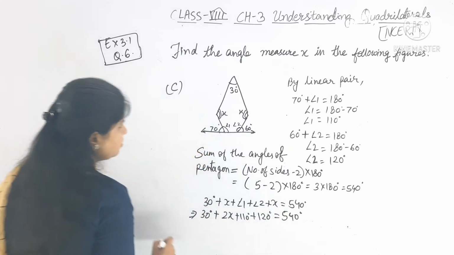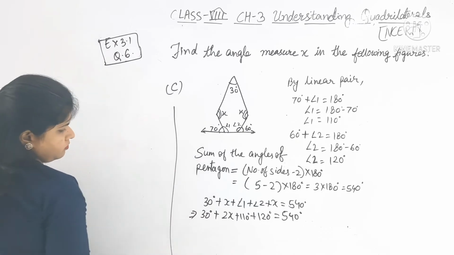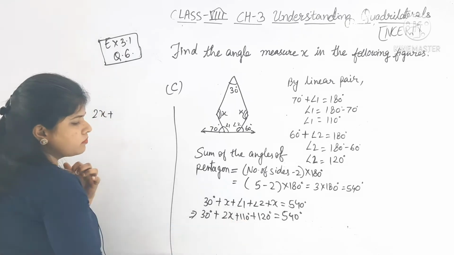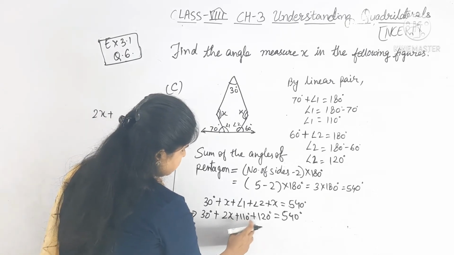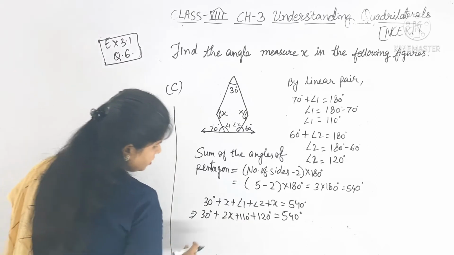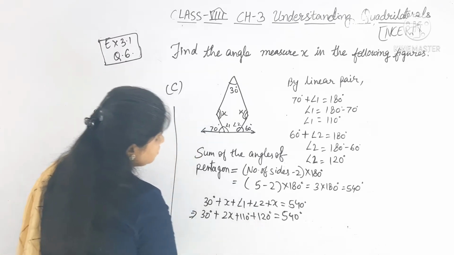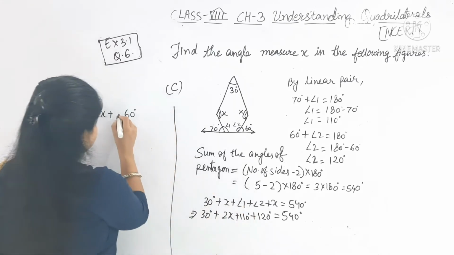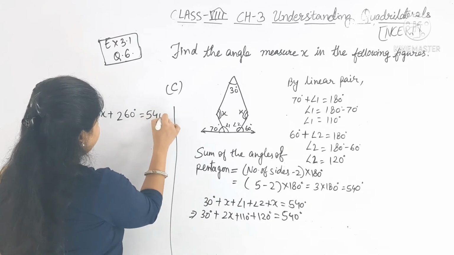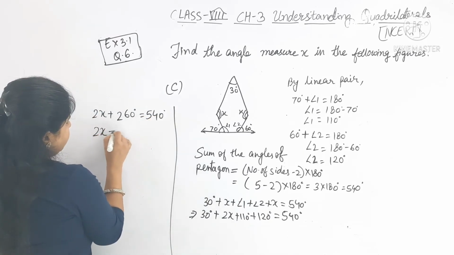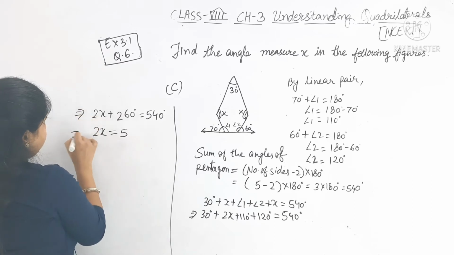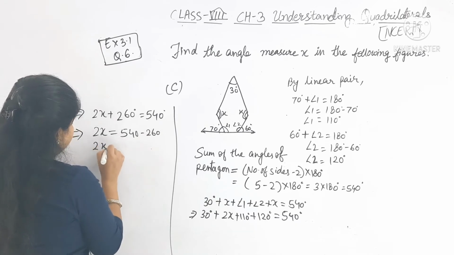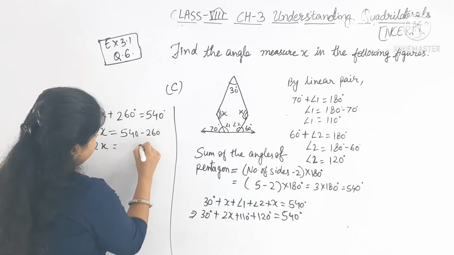I am writing here 2x plus, we have to sum up all these three angles, that is 0 degree, 3 plus 1 is 4, 4 plus 2 is 6. Okay, 1 plus 1 is 2. So I am getting 260 equal to 540 degree. Okay, so 2x equal to 540 minus 260.